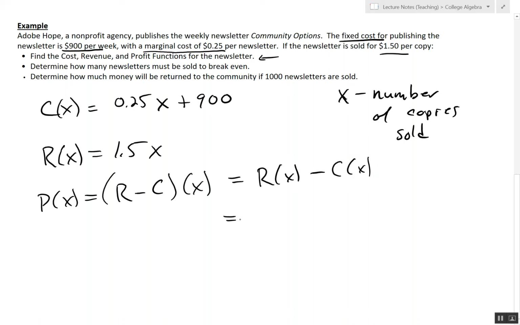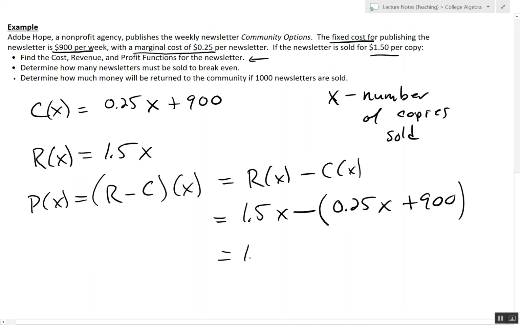Well, R of x is just 1.5x minus, and now we want to put a parenthesis here to remember to distribute this negative, 0.25x plus 900. So this is kind of a common error, is people forget to distribute that negative. So if you put the parentheses there, that is a reminder that you have to distribute.